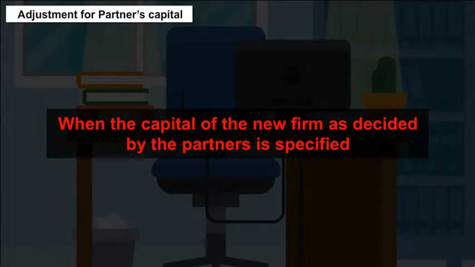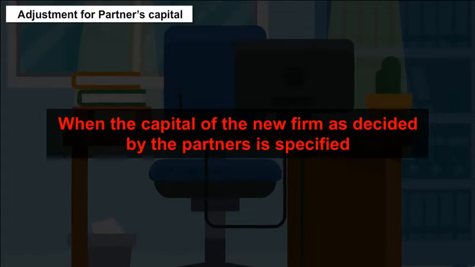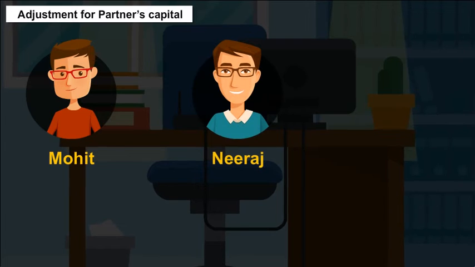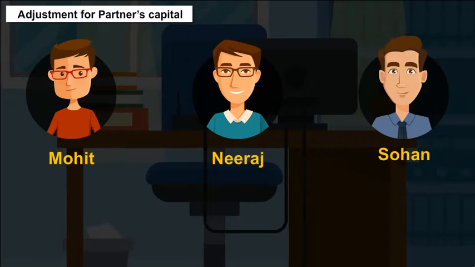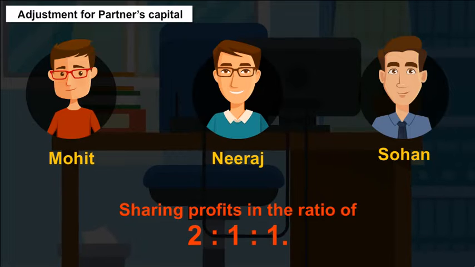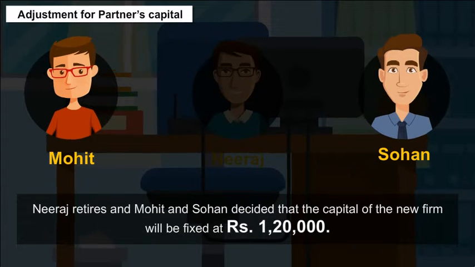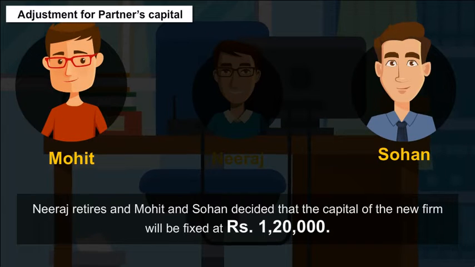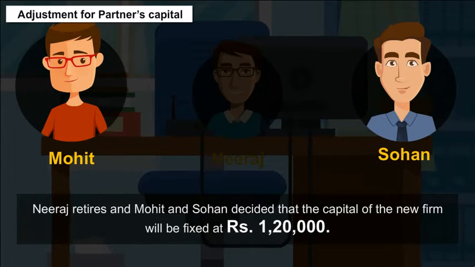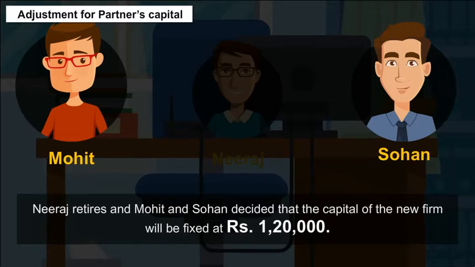A. When the capital of the new firm as decided by the partners is specified. Mohit, Neeraj and Sohan are partners in a firm sharing profits in the ratio of 2:1:1. Neeraj retires and Mohit and Sohan decided that the capital of the new firm will be fixed at rupees 1,20,000.